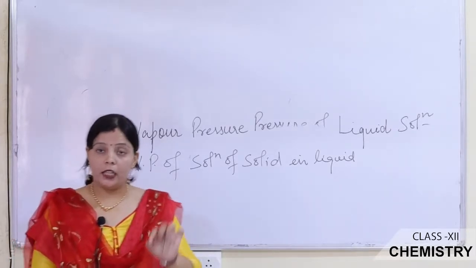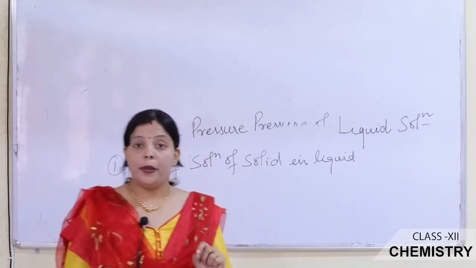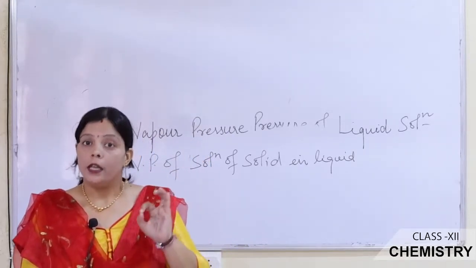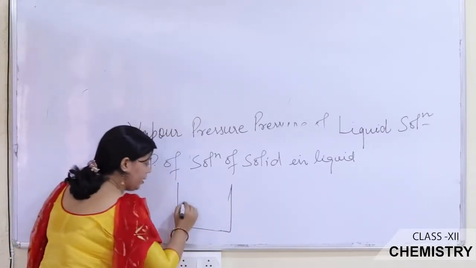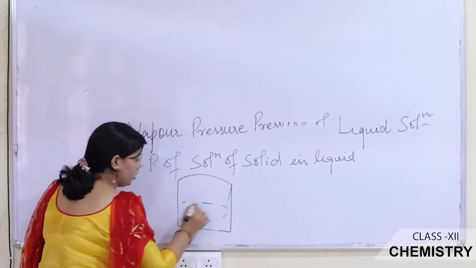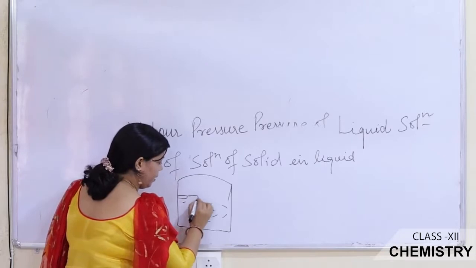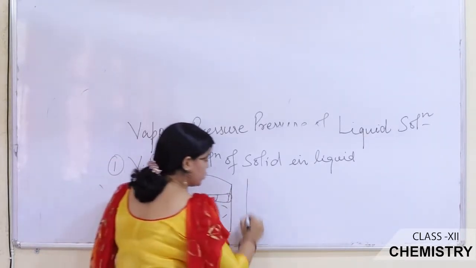This lowering in the vapor pressure of the solution can be explained on the basis of the surface area which is available for evaporation. Dear students, here we are taking the pure solvent, and this is the area which is available for the evaporation of the liquid solvent.